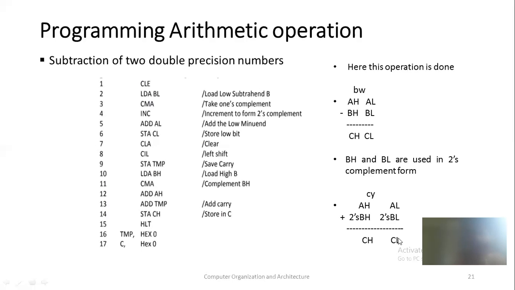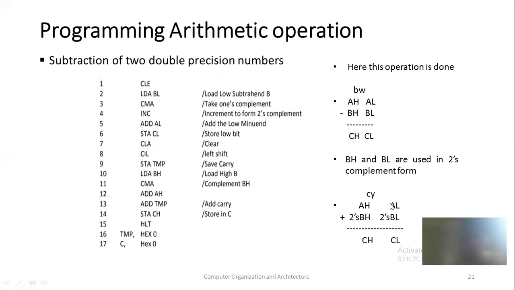Then first we have to find the 2's complement of this BL. First of all we have to load this number into the accumulator, then complement that number and then add 1 to it. So load BL, complement that number and then increment by 1. So we have found the 2's complement of BL.